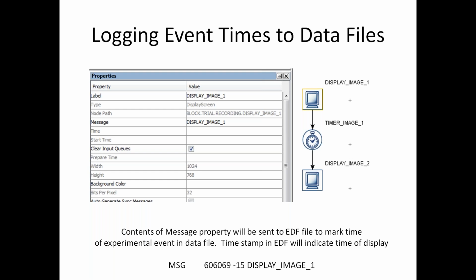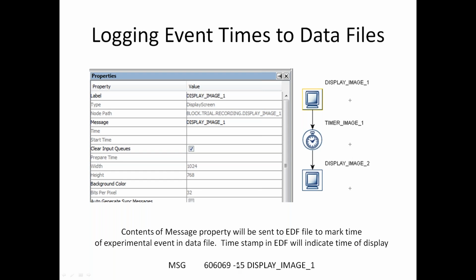So in an effort to optimize the use of the computer resources, Experiment Builder will check to see when the scheduled retrace that will update the screen with the contents of the display screen action is going to occur. And it will write the message to the EDF file in advance of the actual updating of the screen based on that display screen action.